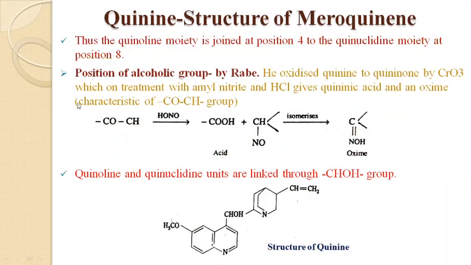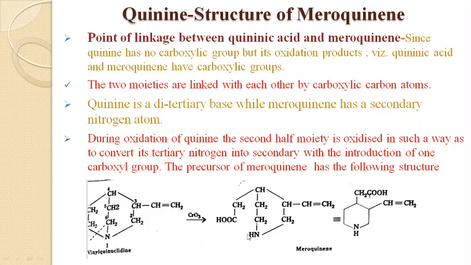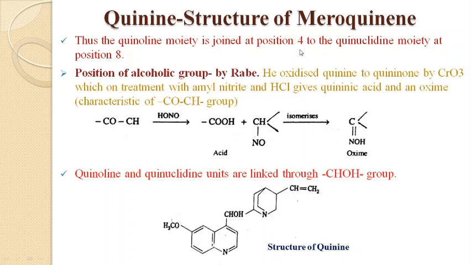So the quinoline moiety is joined at position 4 to the quinuclidine moiety at position 8. This quinuclidine moiety is at position 8, and this position is attached. So the point of linkage is quinoline position 4 and quinuclidine position 8.